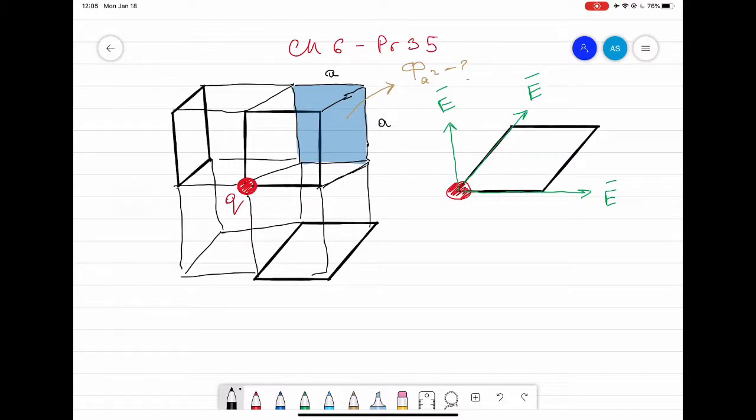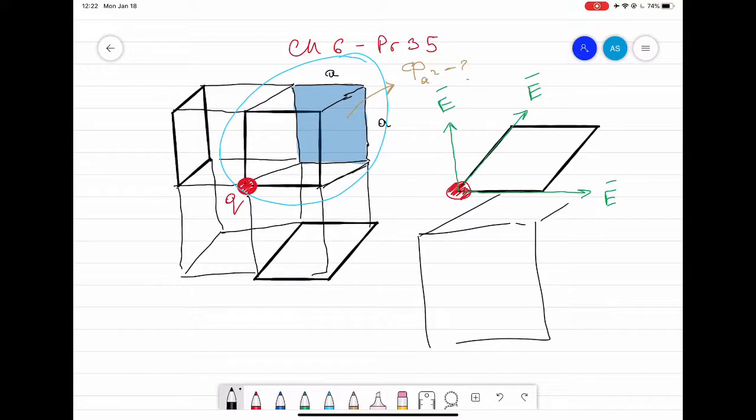However, in order to imagine that our charge is sitting in the center of the cube, we have to draw 8 small cubes. So now, first of all, let's think that if you combine 8 cubes, then you should get a whole big cube, and our charge will be basically sitting at the center.